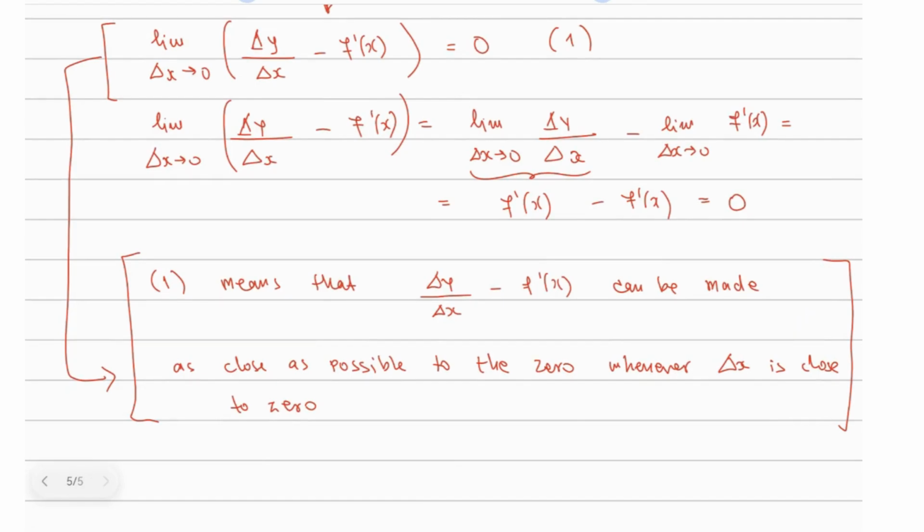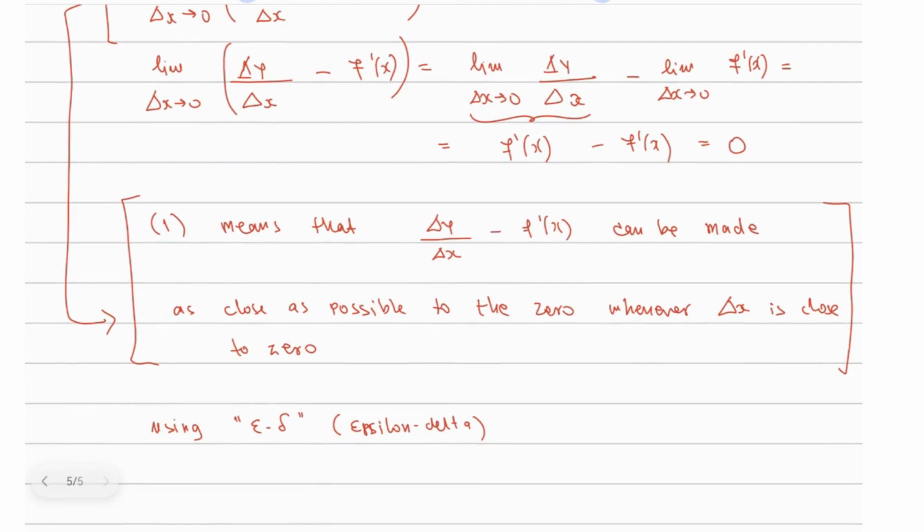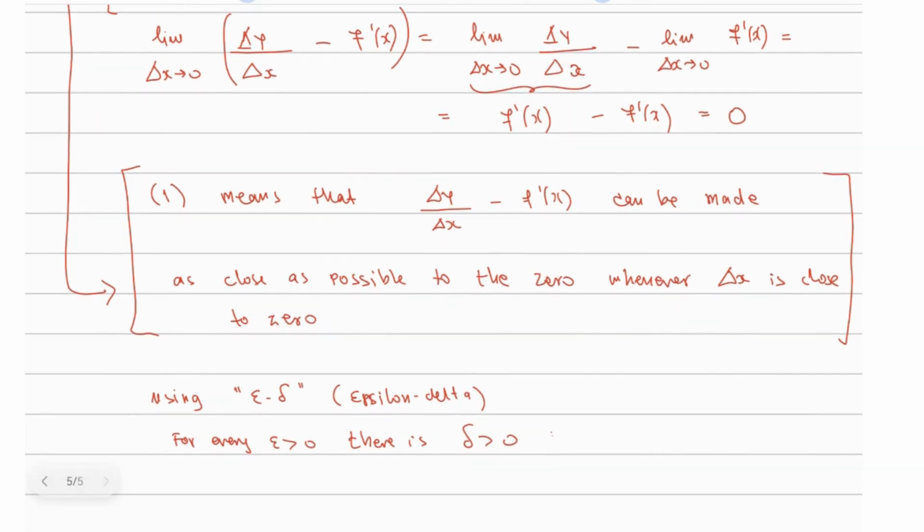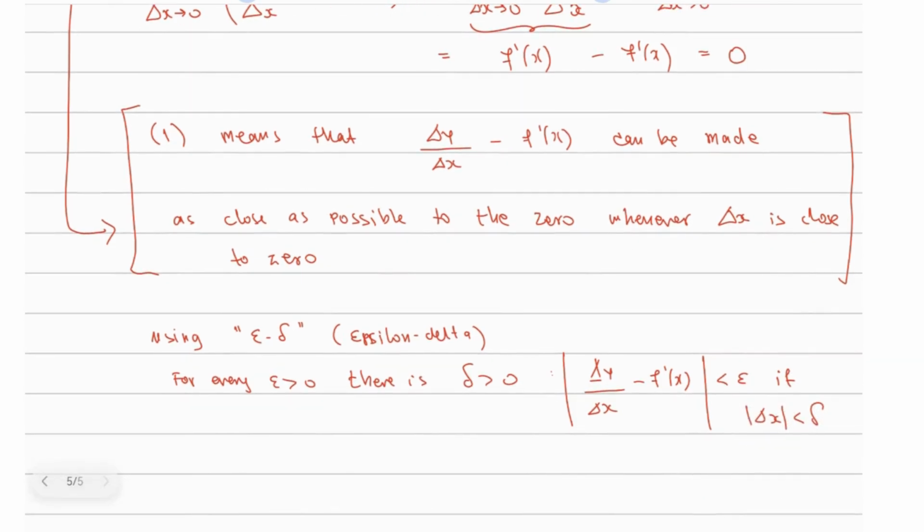Or using epsilon delta: for every epsilon greater than 0 there is delta greater than 0, so that the absolute value of delta y over delta x minus f prime of x is less than epsilon, if delta x by absolute value is less than delta.